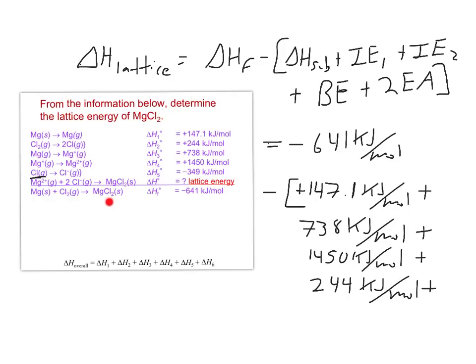We have 2 moles of chloride in 1 mole of magnesium chloride. So 2 times negative 349 kilojoules per mole.